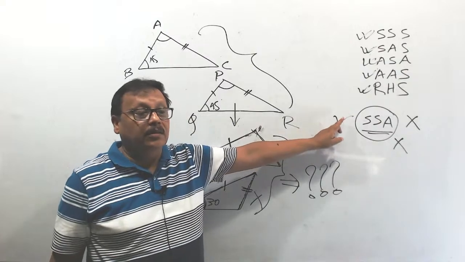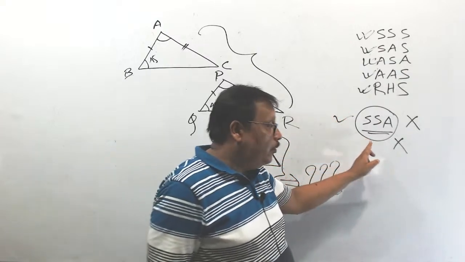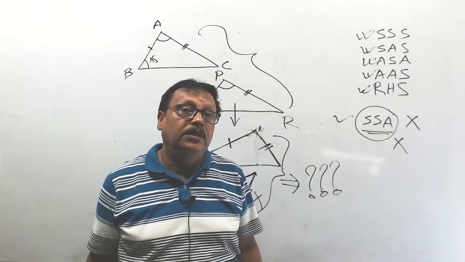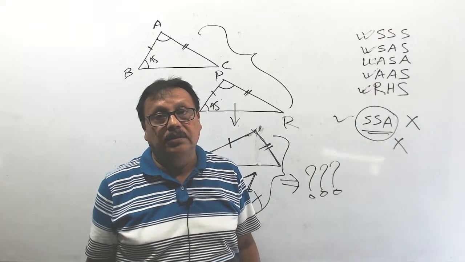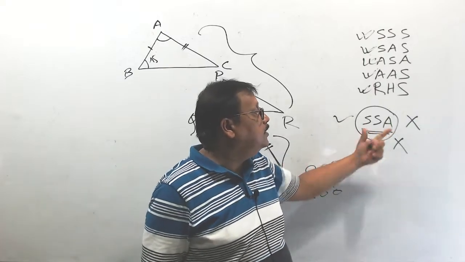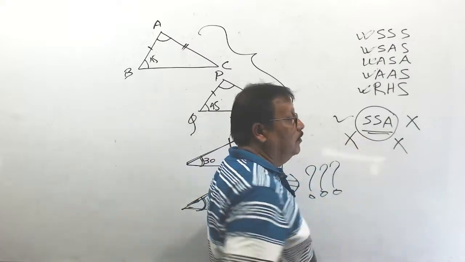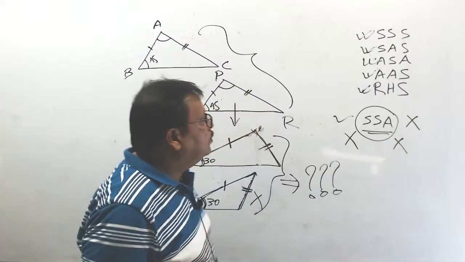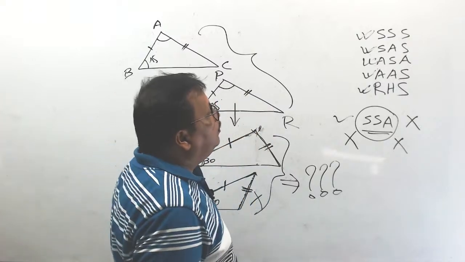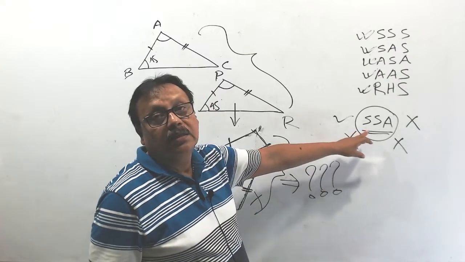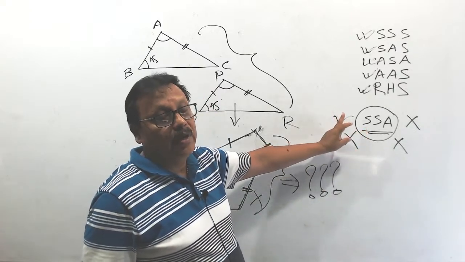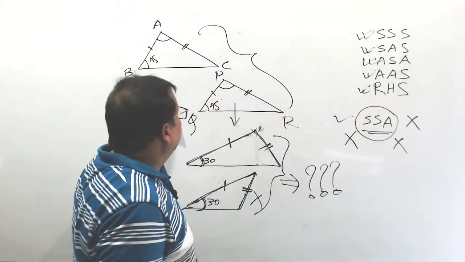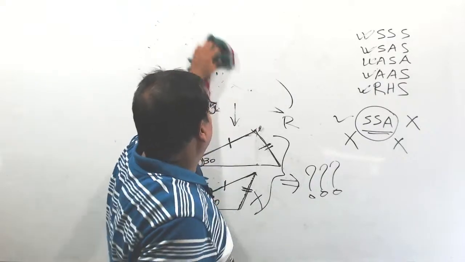This is the reason this property cannot be considered for proving two triangles are congruent. I think clear? So by mistake also, don't try to use this property in proving congruency of two triangles. This is the reason we do not use the SSA property.